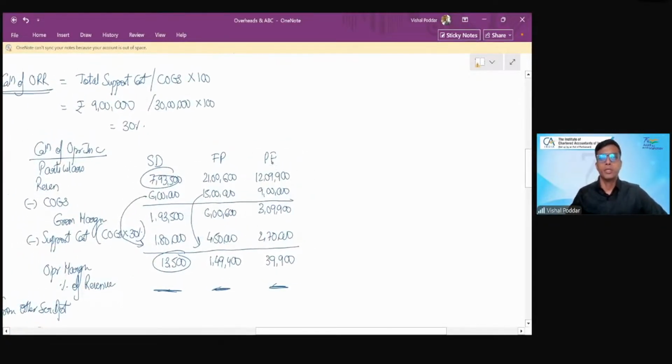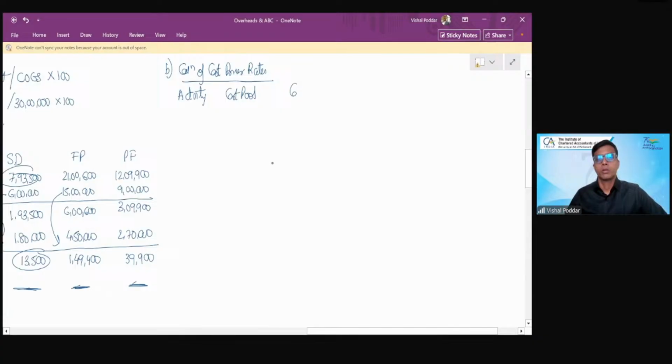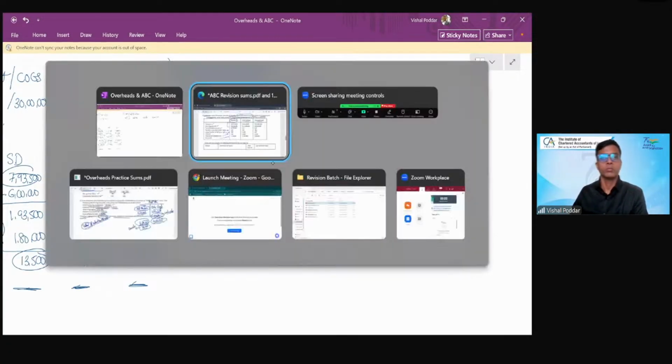Now, the same thing they are asking me to do under the ABC approach. Again, the first part is calculation of cost driver rates, same format: activity, cost pool, cost driver, and the driver rate. Now, see the data.